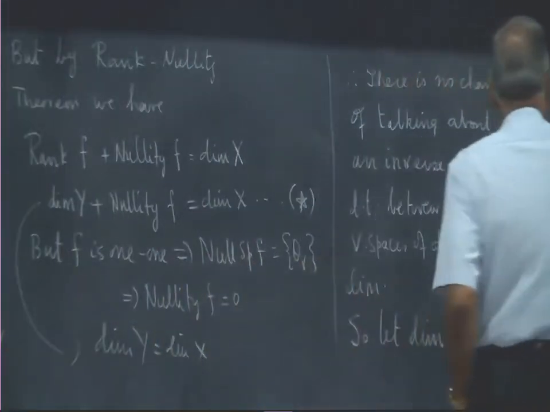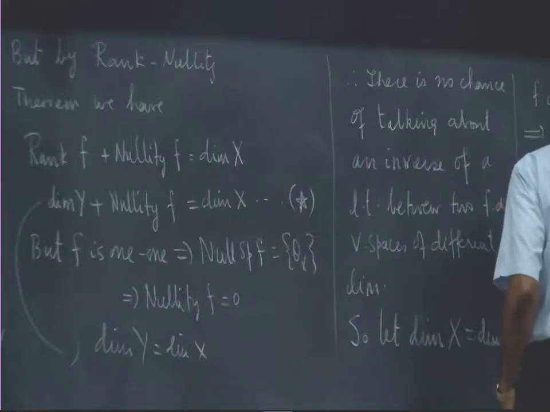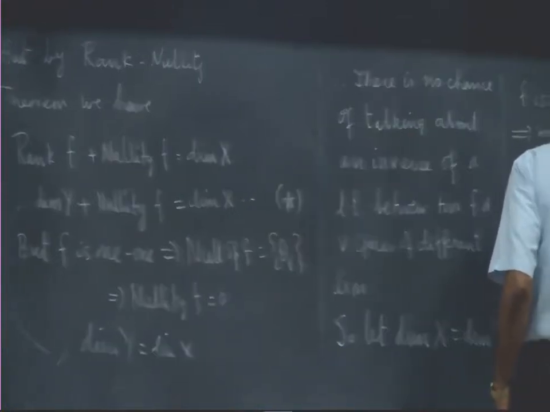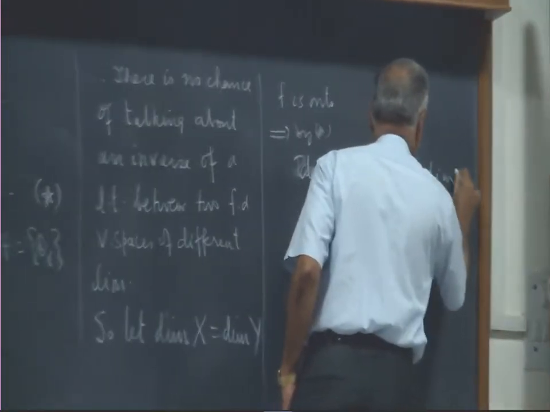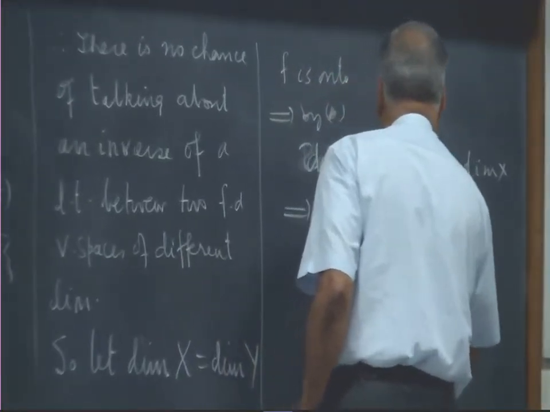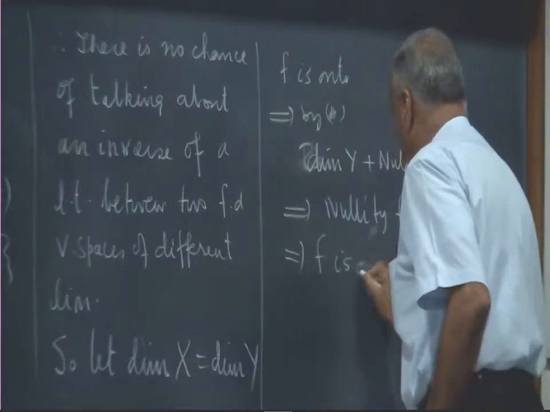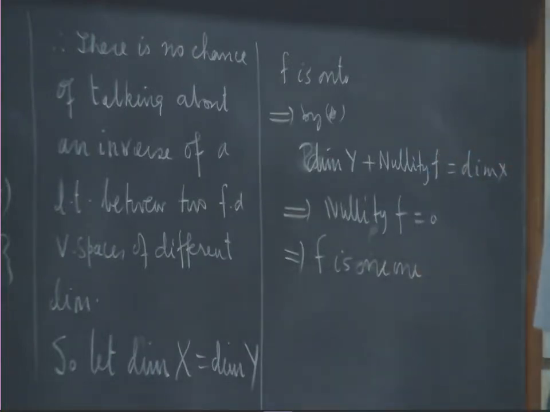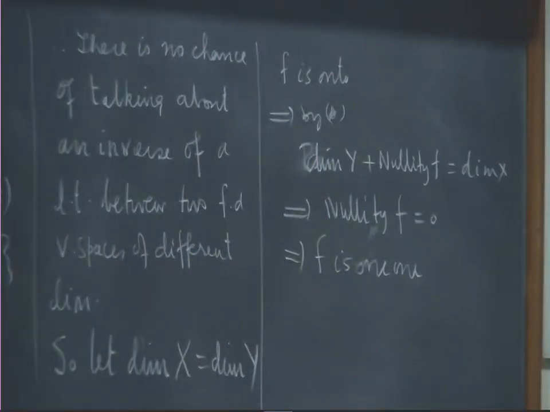So if F is onto, it implies by star that rank of F, or the dimension of Y, plus nullity of F is equal to the dimension of X, which implies nullity of F is 0, because now the dimension of X is equal to the dimension of Y. That says F is 1-1. Right? So onto means 1-1.